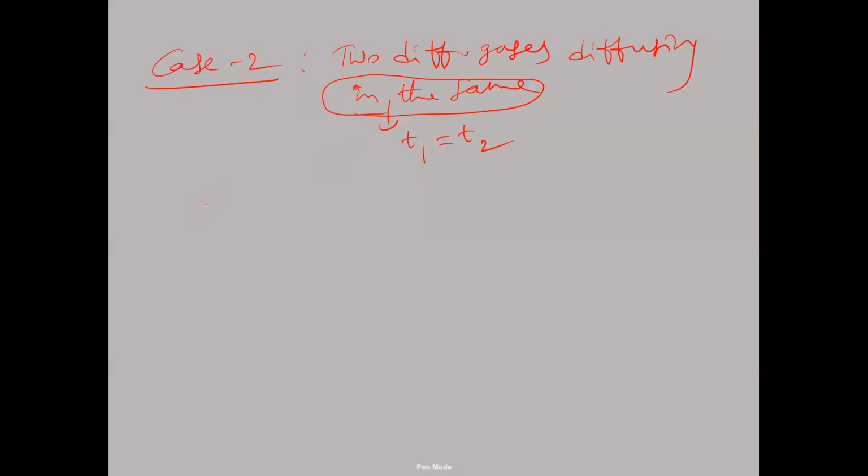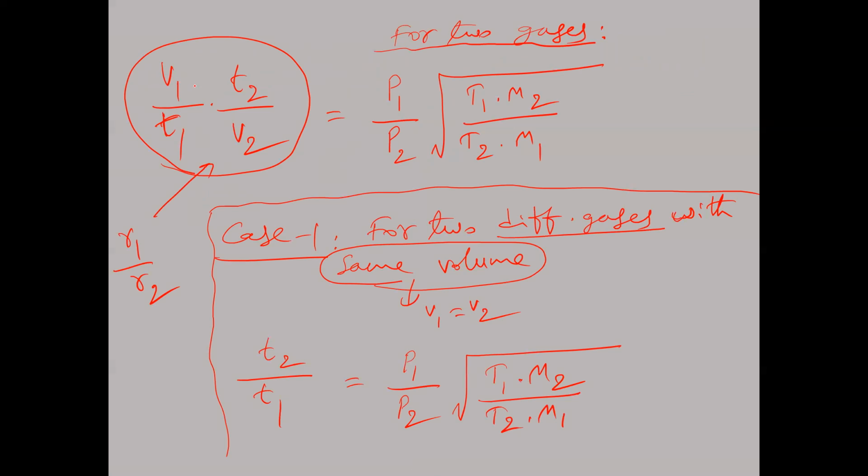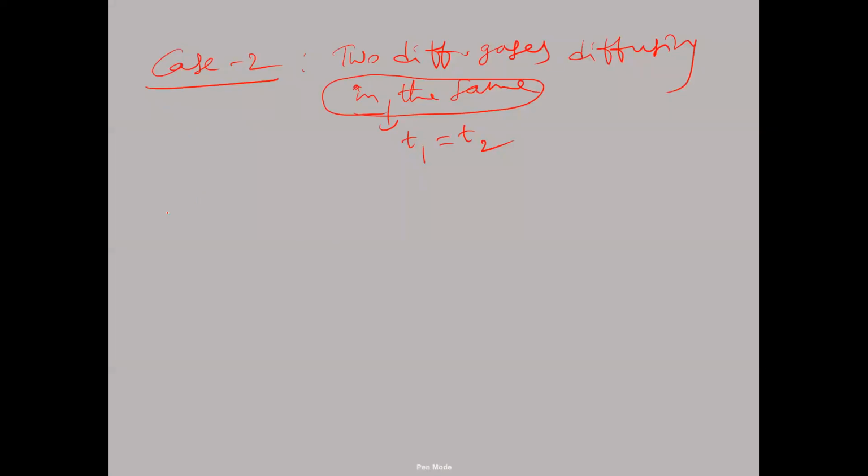In this case, what do we write? Recall the previous equation. Here V1, T2 by T1, V2. Here T1, T2 get cancelled, since the time is the same for both gases. We need not write T2 by T1 here. Then we can write V1 by V2. Therefore, V1 by V2 is equal to P1 by P2 into under root T1 M2 divided by T2 M1.